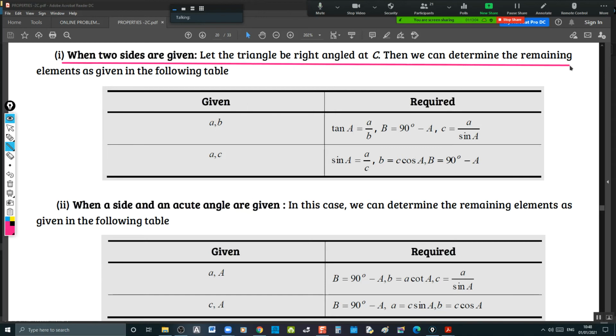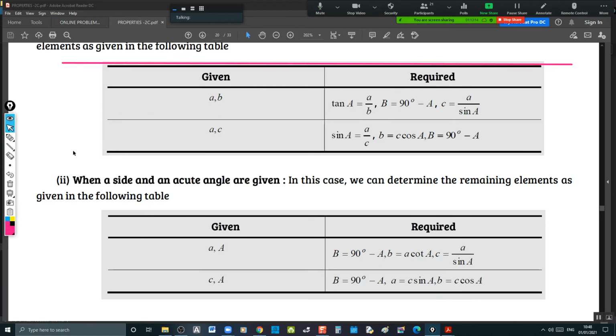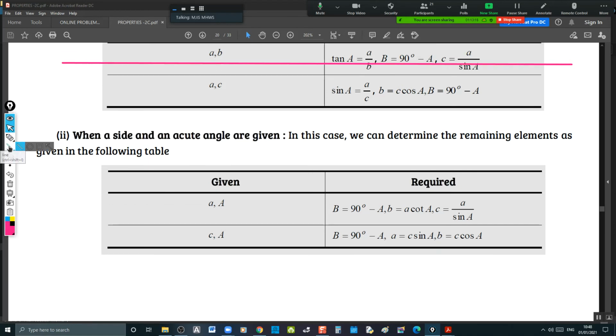We are not going to go into details of this because with common sense we can work out these problems. When a side and an acute angle are given, small a and small c, you can find out the rest of them using the formulae we have learned.